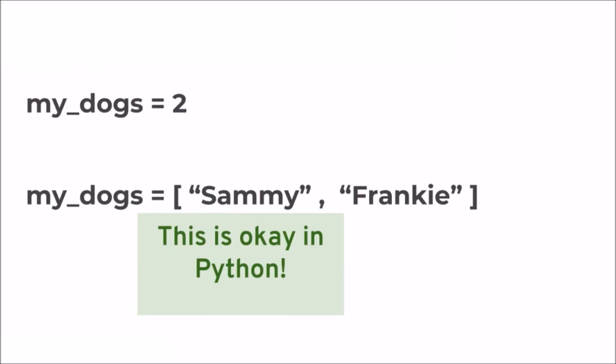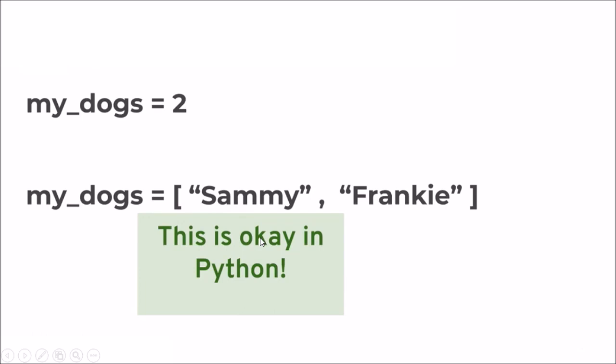So if I write my dogs is equal to 2, I assign a variable my dogs is equal to 2 in Python, and then I write my dogs is equal to square brackets, which indicates we are using a list, right? So I use two names. My first dog is this, second dog is this. So I assign the value and also I assign the list to the same variable, right?